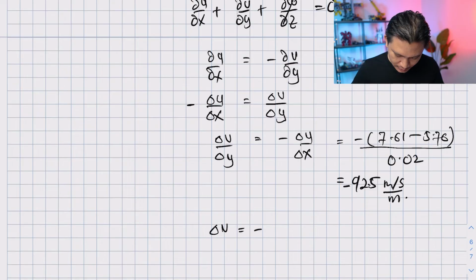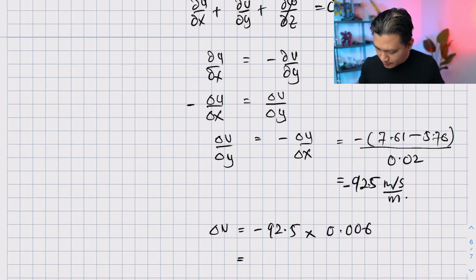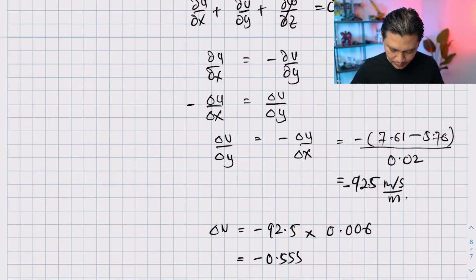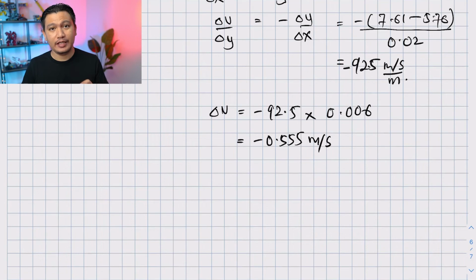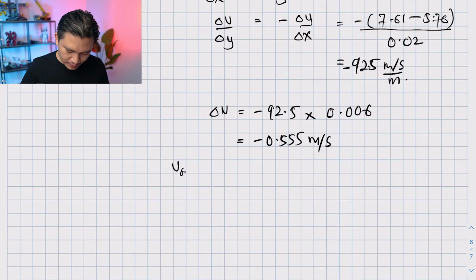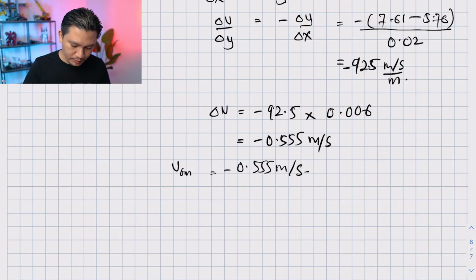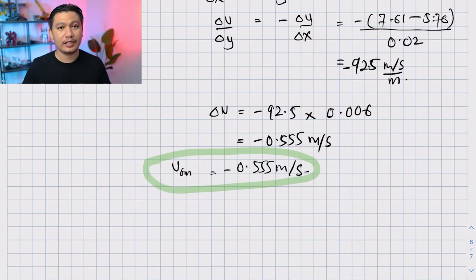This becomes minus 92.5 times 0.006, which is negative 0.555 meters per second. Because we know that v at the center line is 0, the velocity 6 millimeters above point B is minus 0.555 meters per second. So that will be your final answer for the second question.